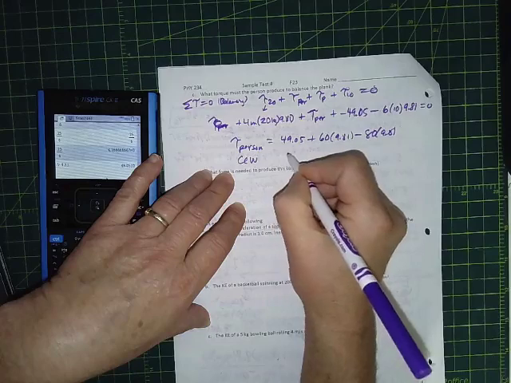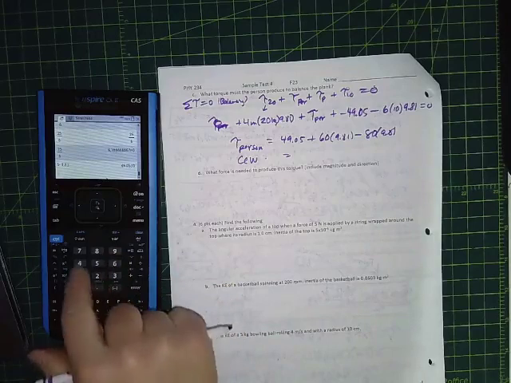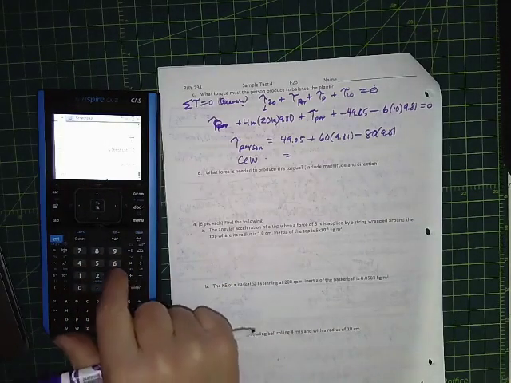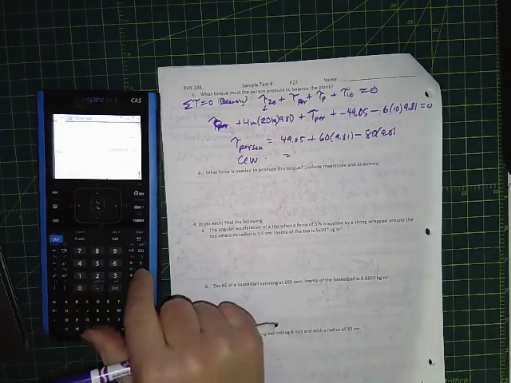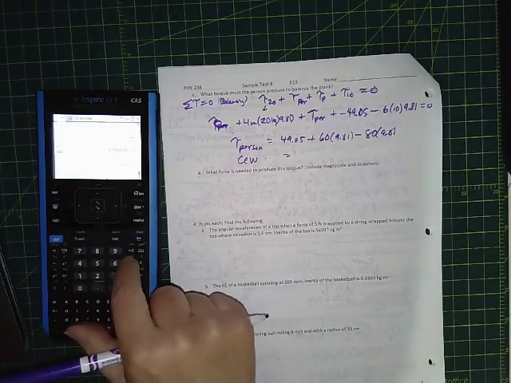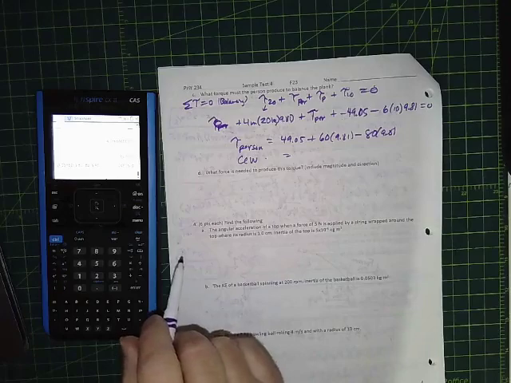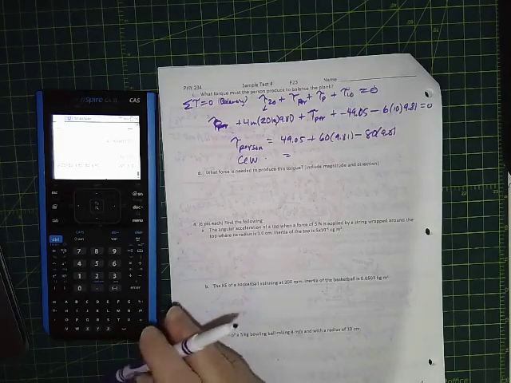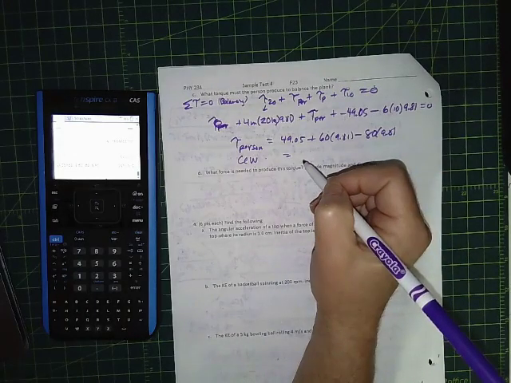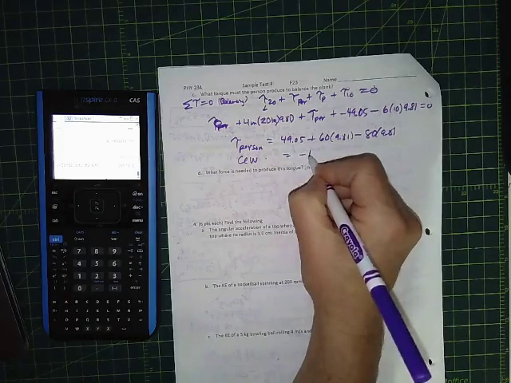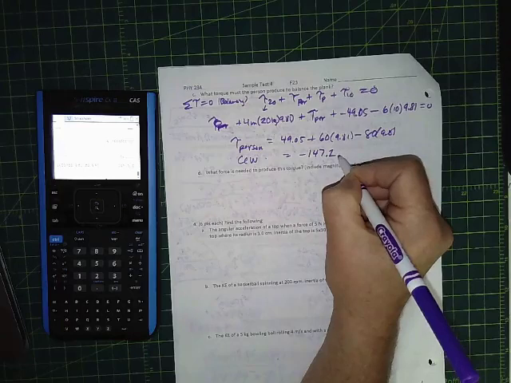And so, what do we get? 40.05. Negative 147.2 meters.